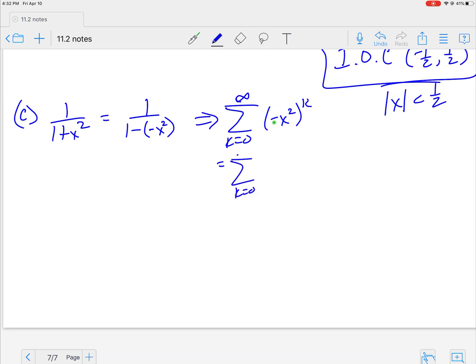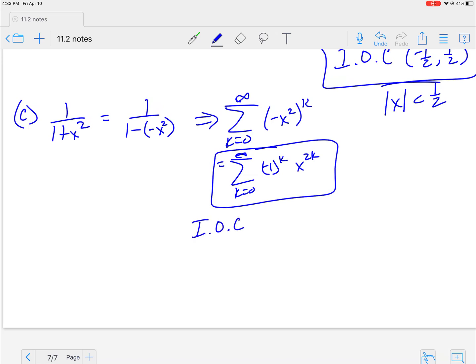So this is actually my series from 0 to infinity of -1 to the k and x to the 2k. Because power to a power you multiply, and I'm taking this -1 out with that k. So it looks more like that alternating series. All right. Okay. There it is.